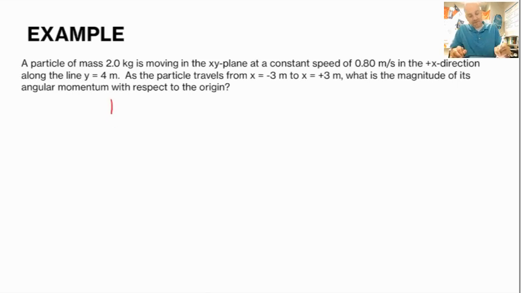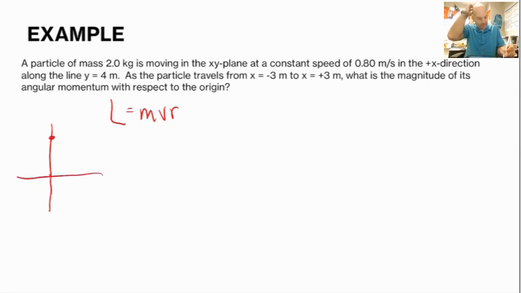So we have a linearly moving object in a rotating system. The object is up here at y equals 4 meters, moving from -3 to 3, and it travels along this y equals 4 meters line. What we need to figure out is how far it is from the origin once it hits that point.